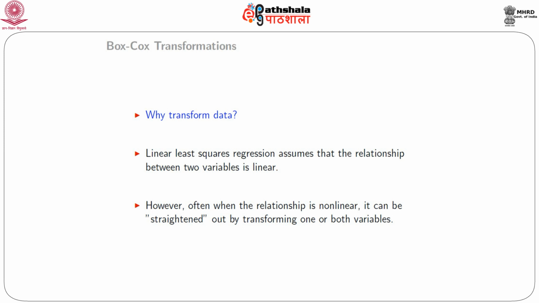So our main concern for transforming a data set is that linear least square regression assumes that the relationship between the two variables is linear. However, often when the relationship is nonlinear, it can be straightened out by transforming one or both variables.